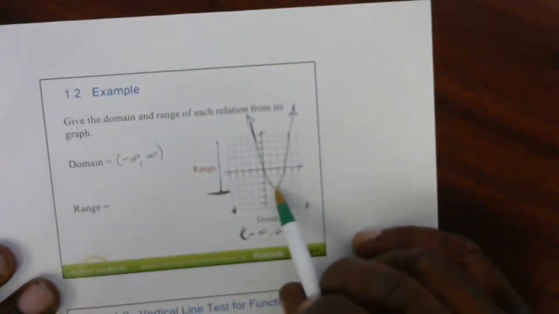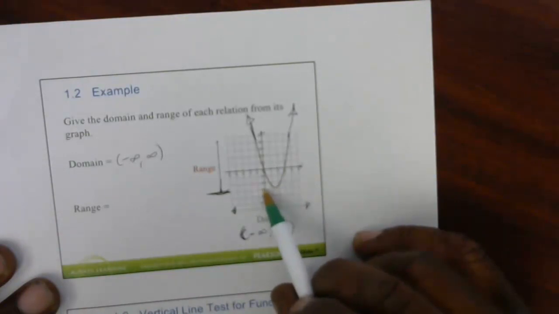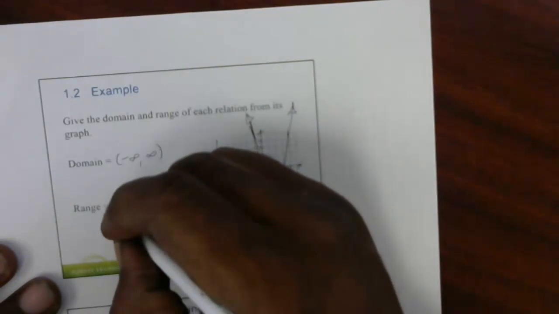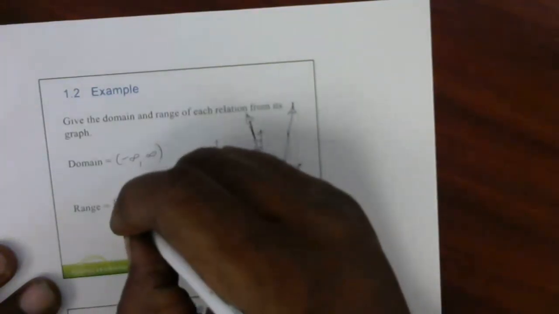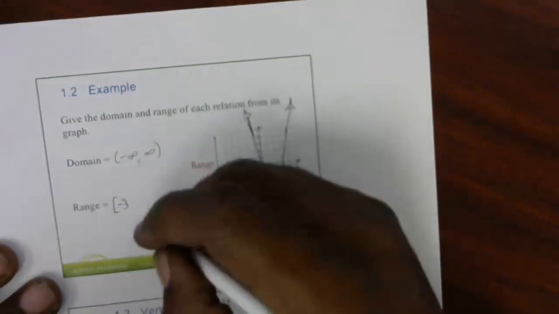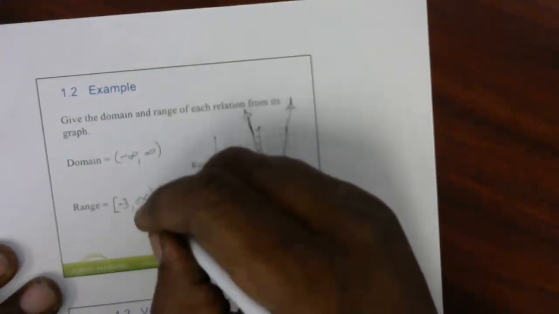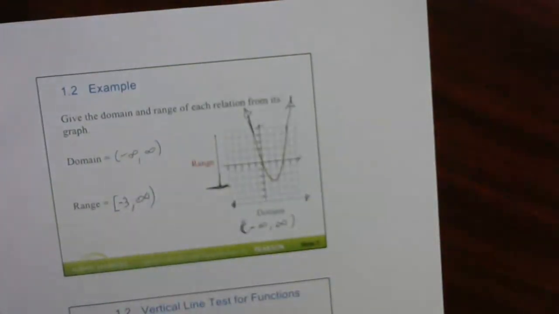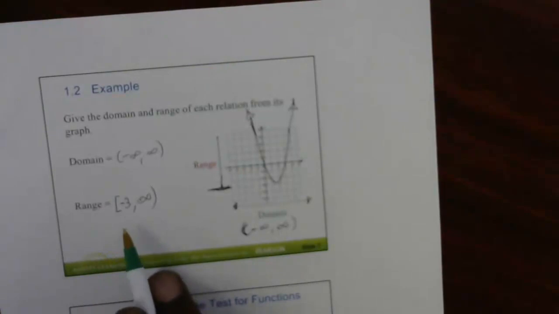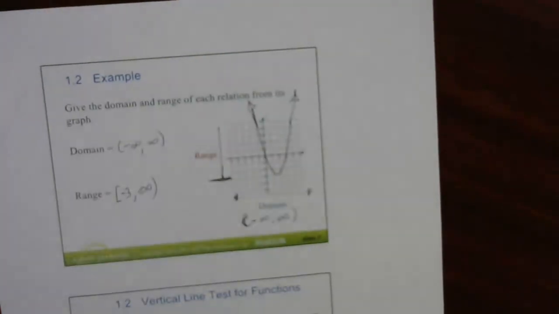So this hits the -3 y value, so I'm going to encapsulate -3 with a bracket, comma, positive infinity with a parenthesis. This is our range. It's the half open interval from -3 to infinity.